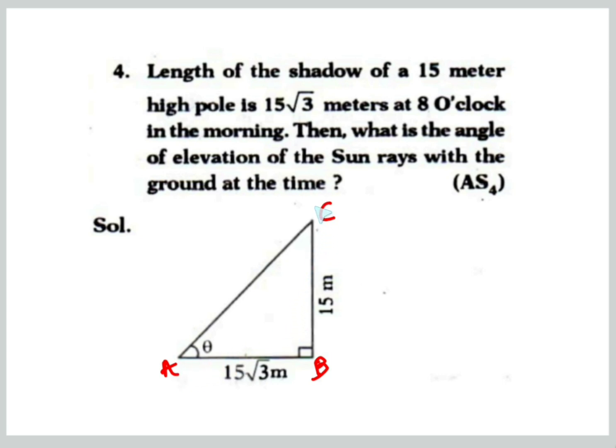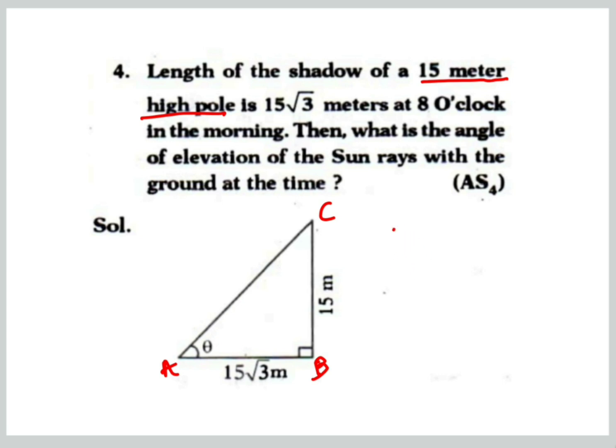The length of the shadow of the 15 meter height pole. This is the height of the pole, 15 meters. Its shadow is AB, that is 15 root 3 meters. And we have to find the angle of elevation.